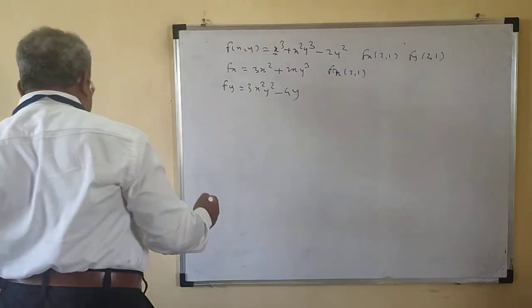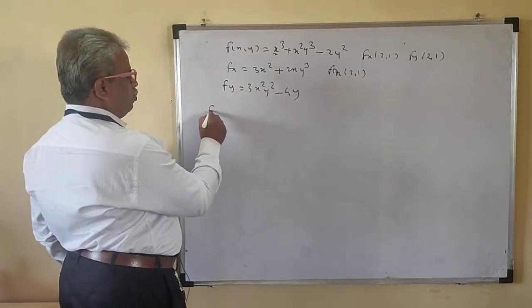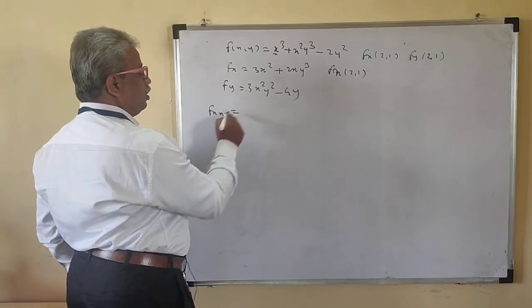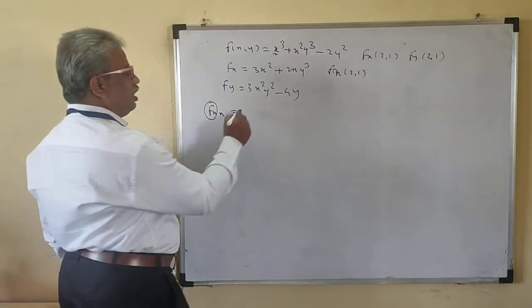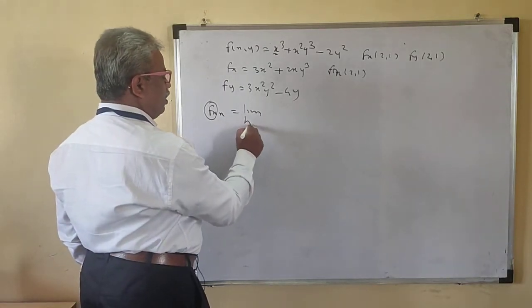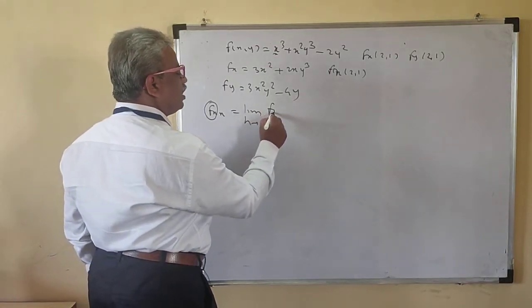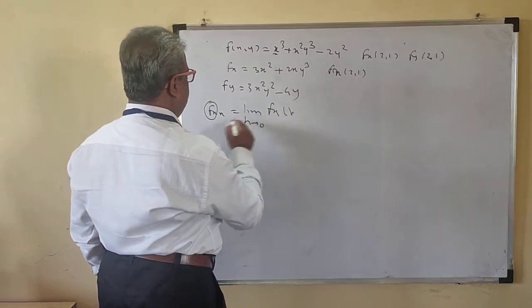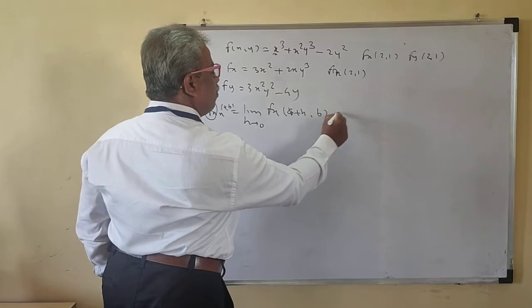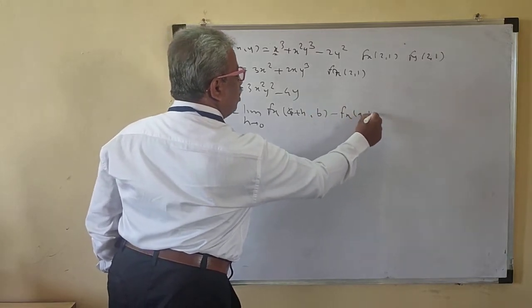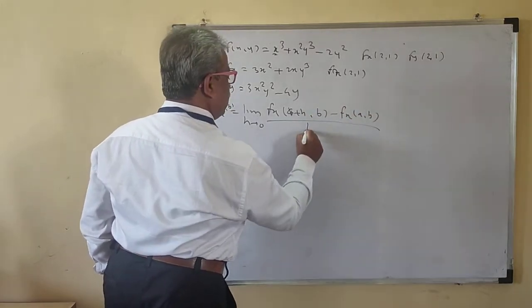So now second order partial derivative. fxx means you are differentiating fx partially with respect to x. The formula is limit h tends to 0, fx of a plus h, b minus fx of a, b upon h.